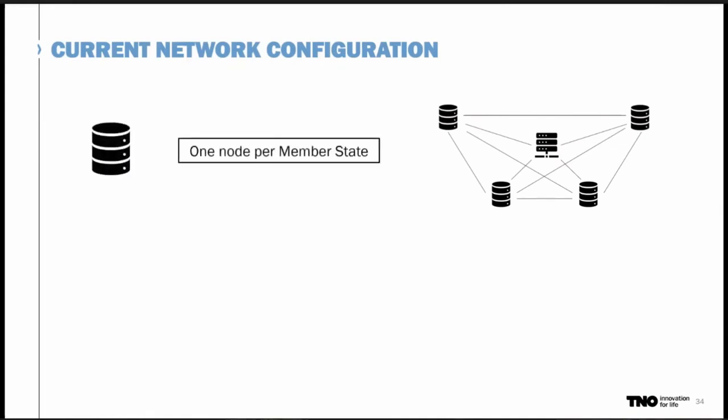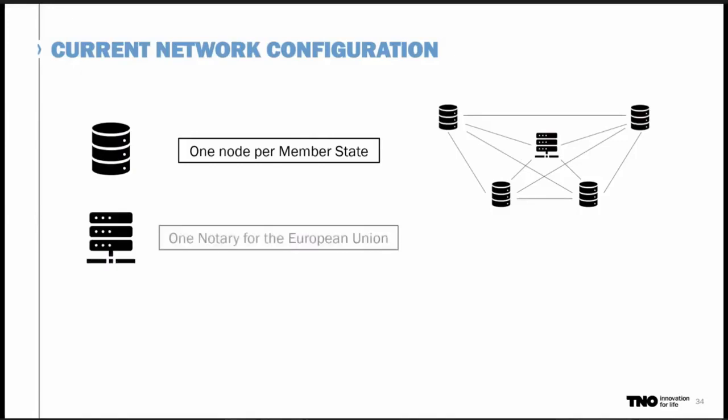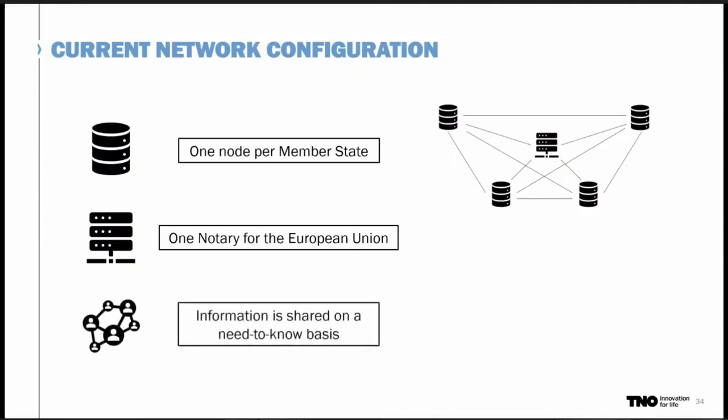We also have one notary alone that keeps track of transactions at the level of the European Union, and information is shared on a need-to-know basis, which means in our case, the transactions performed by two countries are invisible to a third one, ensuring a fairly high degree of confidentiality. Of course, as I said, this is a test network for our trial, but things can be wildly different at choice. We could have many nodes for different institutions in a country and one notary per member state, for instance.